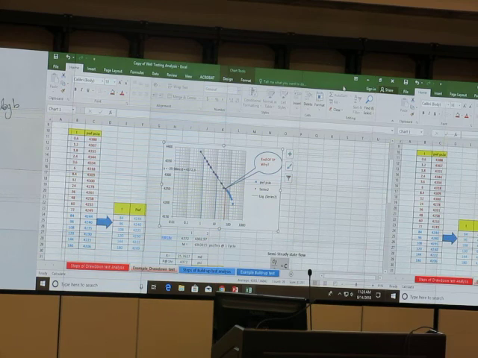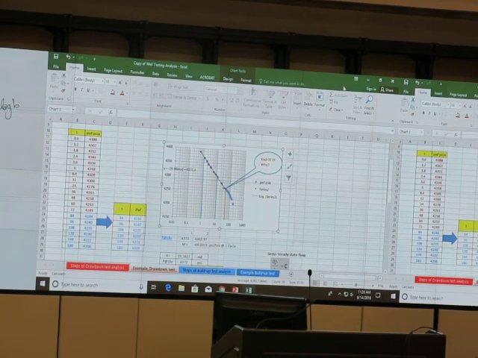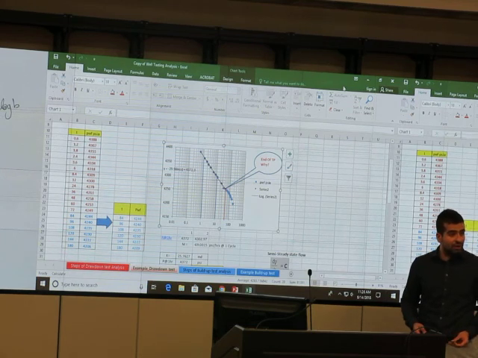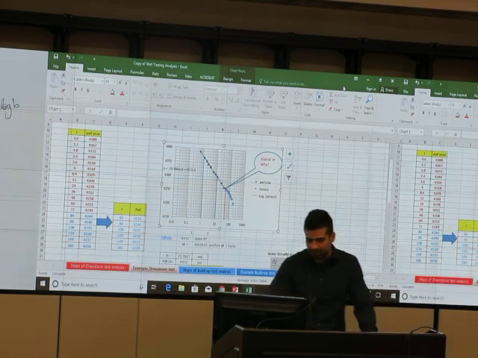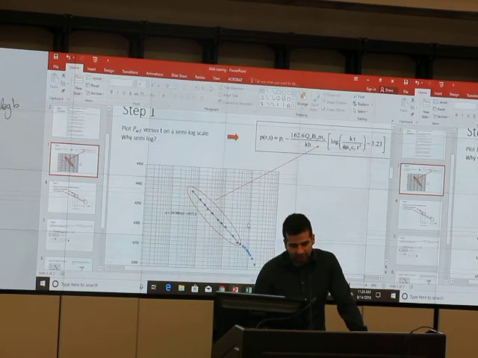Could you put the equations on the screen? You want it? As of right now, you don't need it, just to make sure.